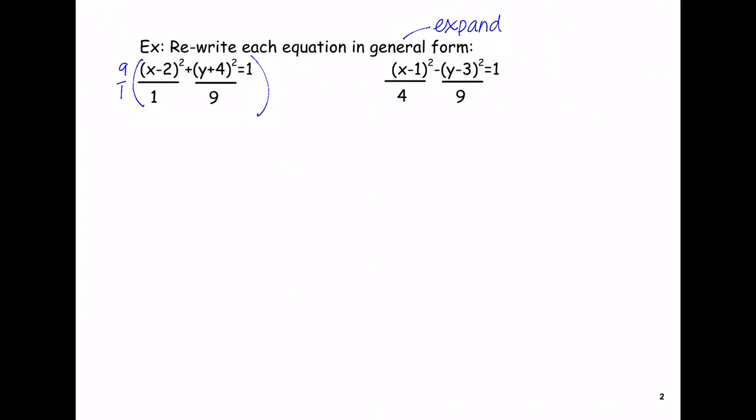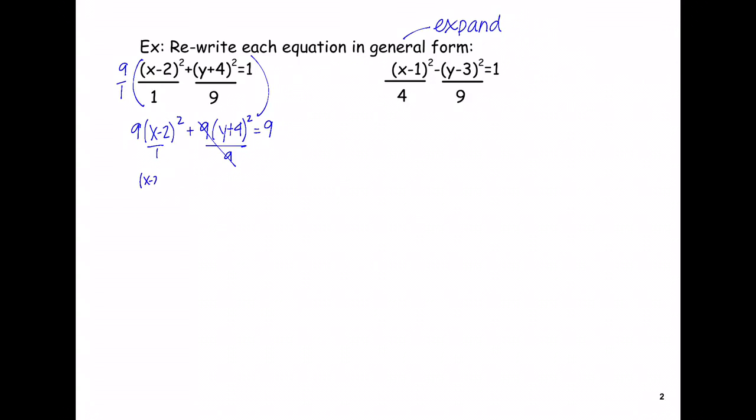and I multiply all my tops, 9 times x minus 2 squared plus 9 times y plus 4 squared equals 9. My 9s are going to cancel out right here. Then we're going to expand out our exponents because we have to follow our order of operations.